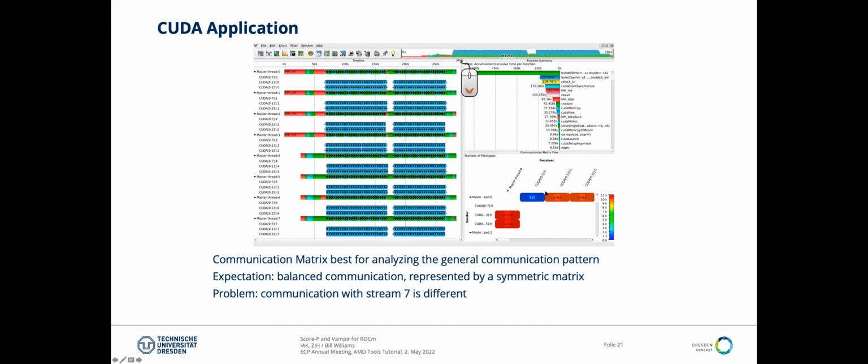And we have the communication matrix itself that tells us how many messages went from various senders to various receivers. And we see here that this first stream is behaving very differently from the other two.